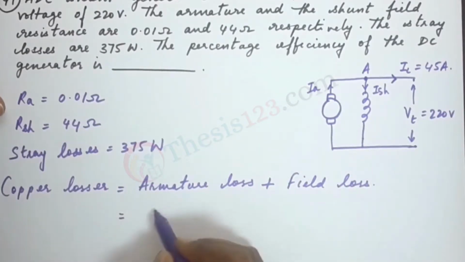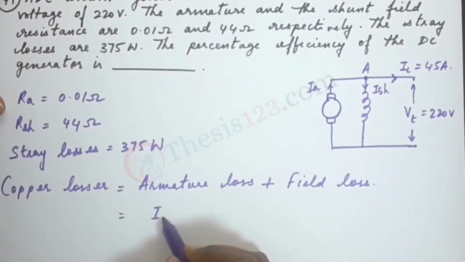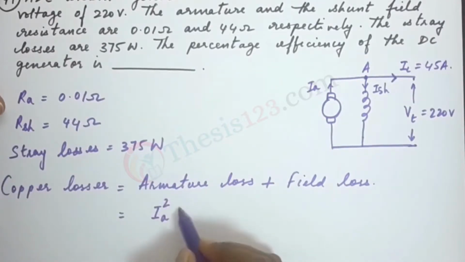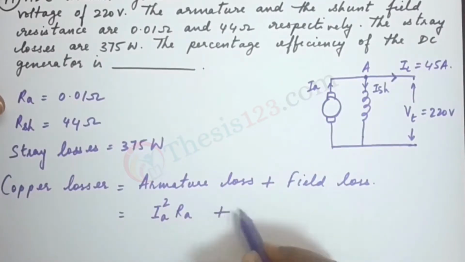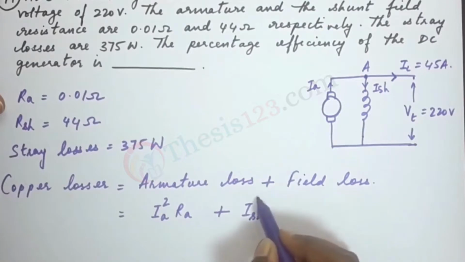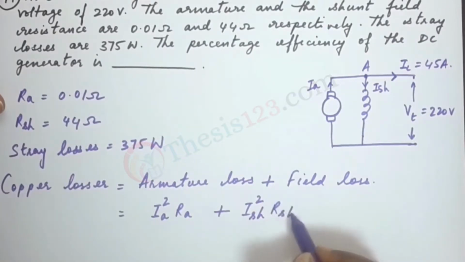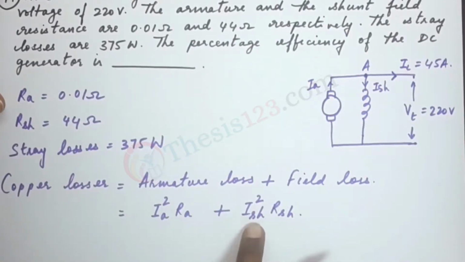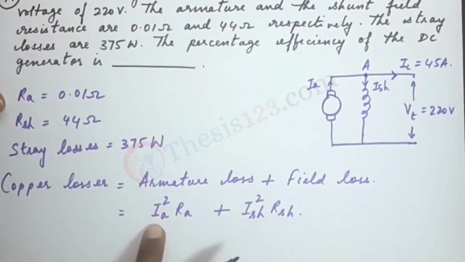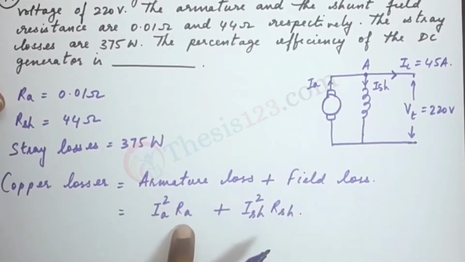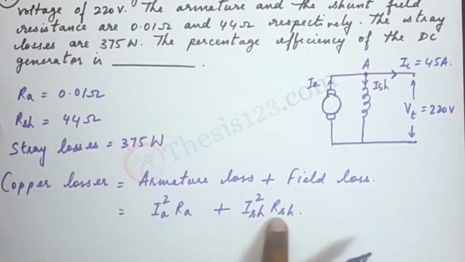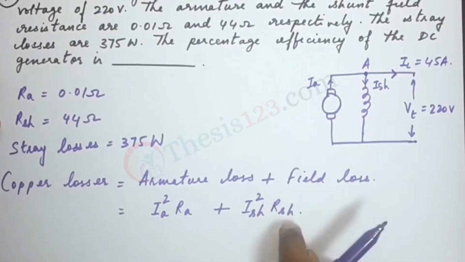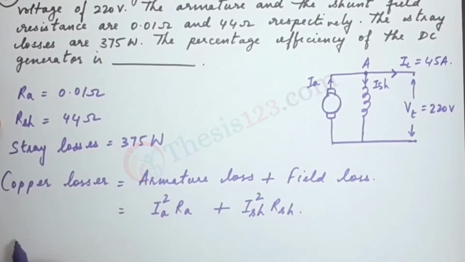The armature loss can be written in terms of current and resistance as Ia square Ra, plus Ish square Rsh. So that's shunt current, armature current, shunt resistance, armature resistance. This is actually the field, so we can use either word.